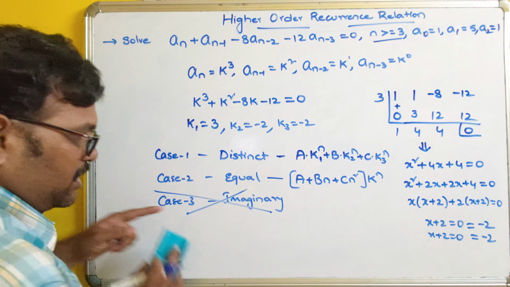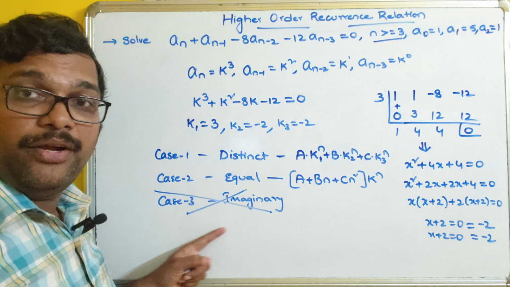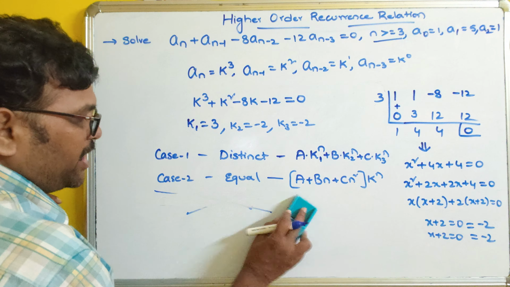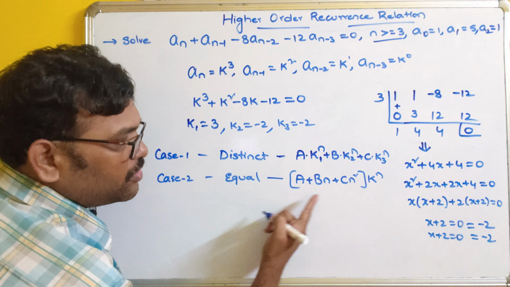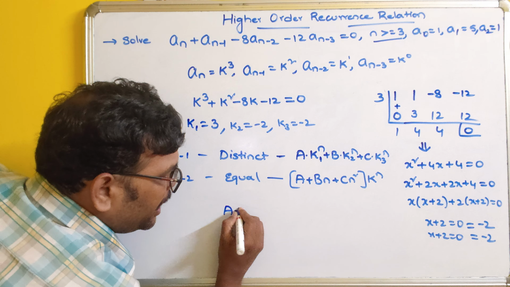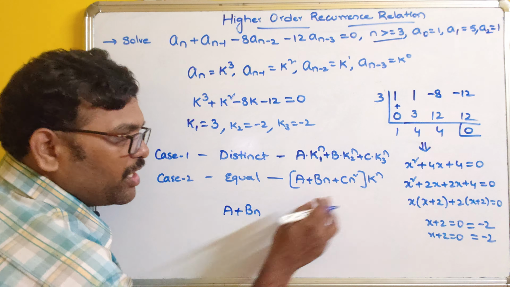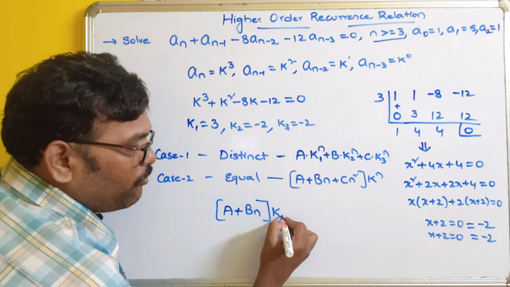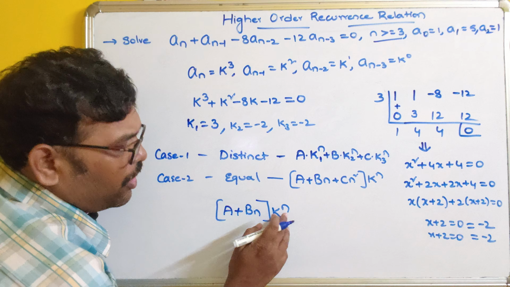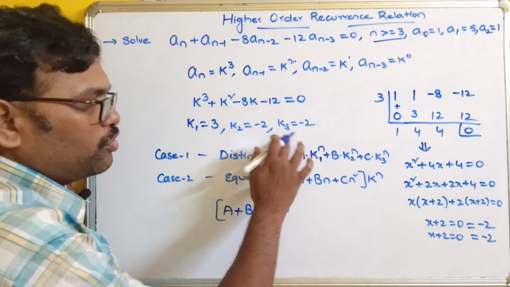So this is completely wrong, we did not follow this third one, so I'm erasing this one. Among these, two roots are equal. When two roots are equal, what do we have to do? A plus bn, there is no third term, into k1 power n. Let it be k1 or k2 or k3, whichever roots are equal.